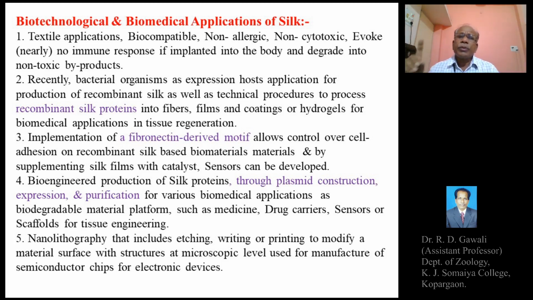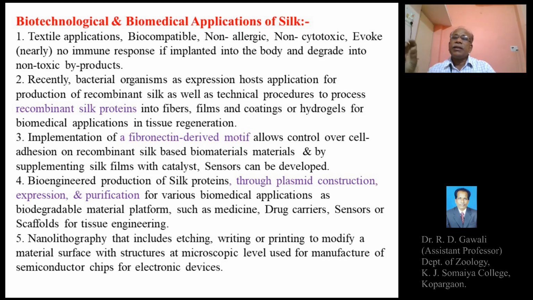So for the production of silk proteins through plasmid construction, a desired DNA or gene can be transferred from donor to recipient through the plasmids.